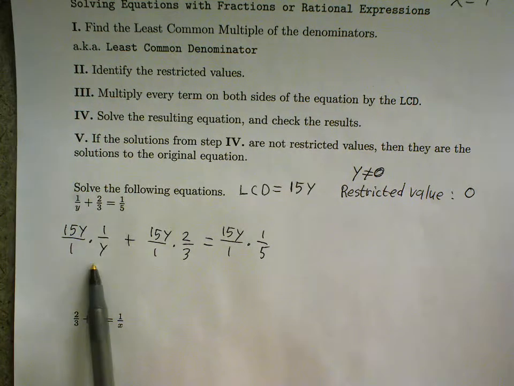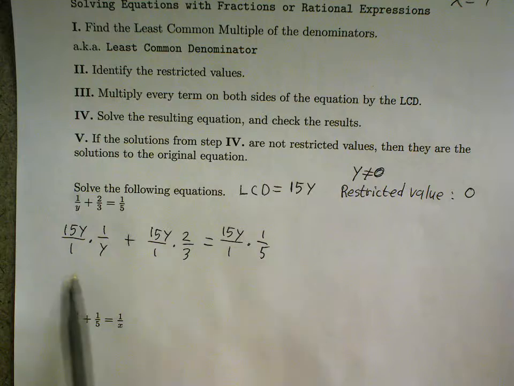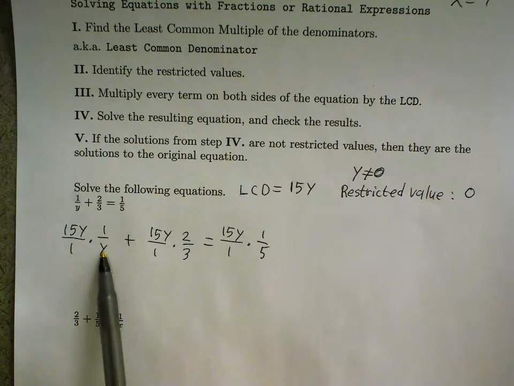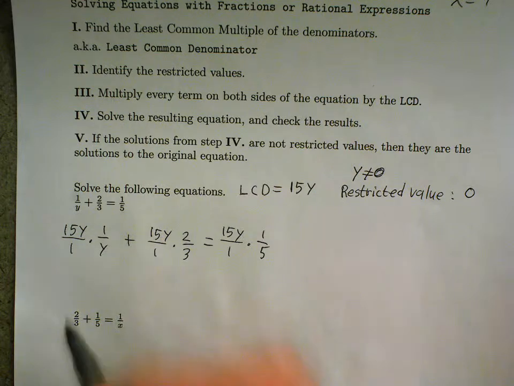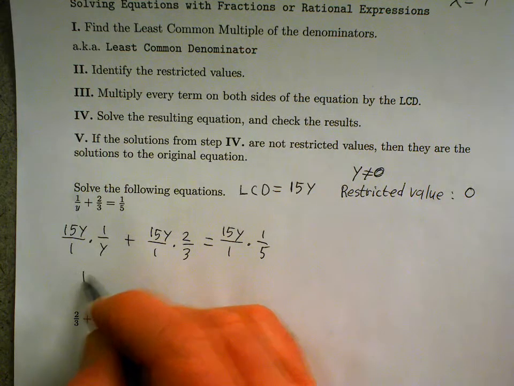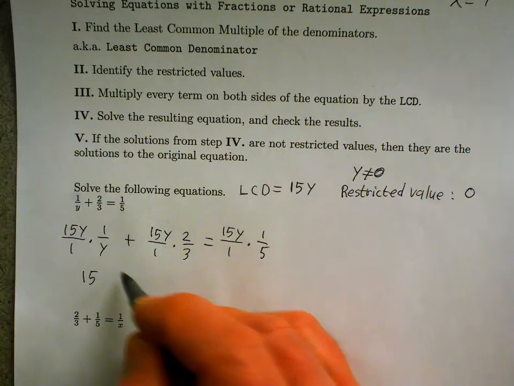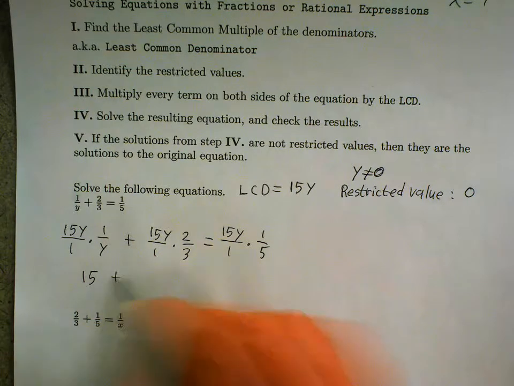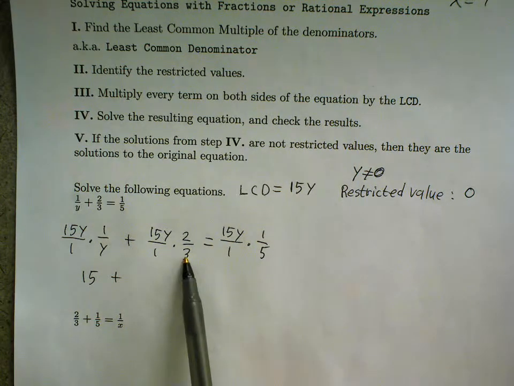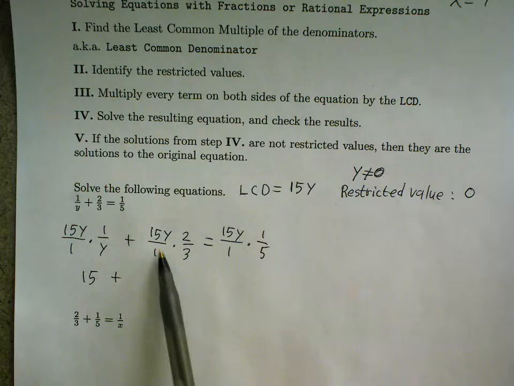Now we're going to simplify each of those products. 15y over 1 times 1 over y, y divided by y equals 1. So this simplifies to 15. In the next product, in the numerator, we have 15y times 2.